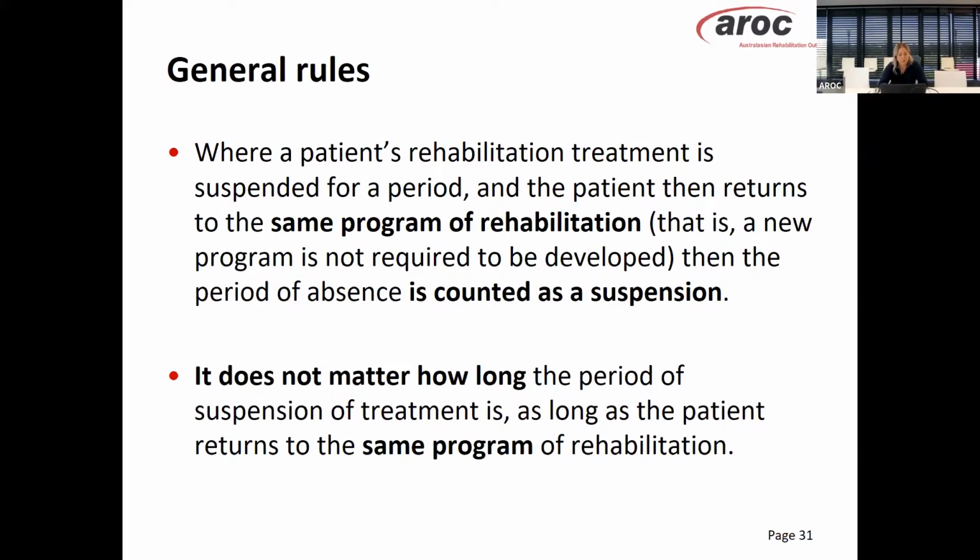So the rules around suspension are: if a patient's treatment is suspended and on return to the program they're returning to the same rehabilitation program, and a new program is not required, then this is counted as a suspension. It doesn't matter how long the suspension was, as long as they're returning to the same rehabilitation program.